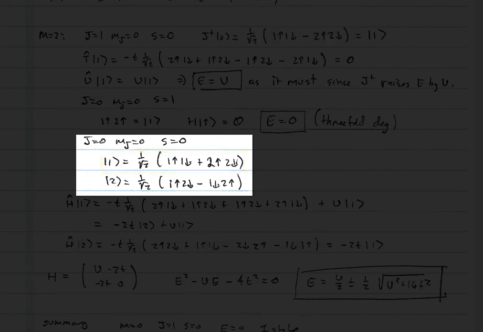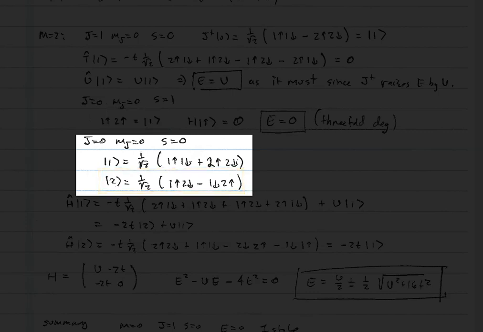And then I can look at the state that is perpendicular to the S equals 1 state when ms is equal to 0. So if I hit that 1 up, 2 up state with an S minus operator, it would equal 1 up, 2 down, plus 1 down, 2 up. And the state that is perpendicular to that is obviously 1 up, 2 down, minus 1 down, 2 up.